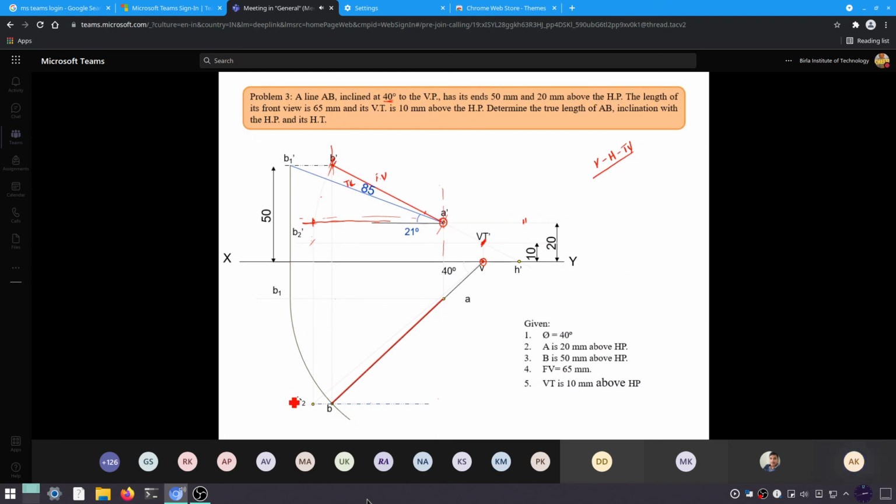Now you draw it and you check this B2 and A, this should also become equal to 85. Okay. Okay, sir.